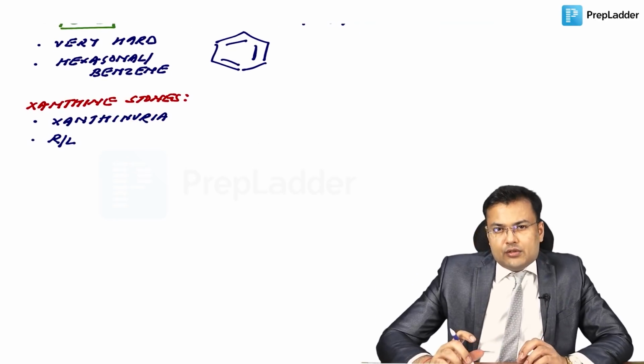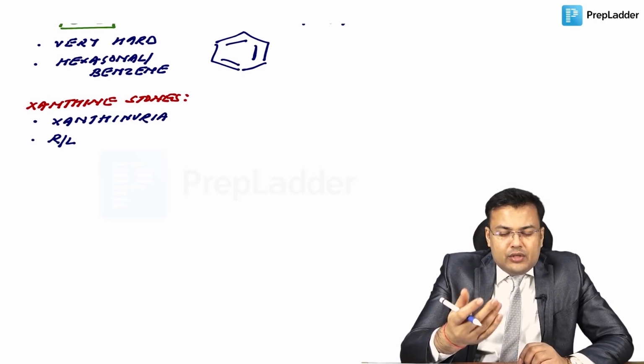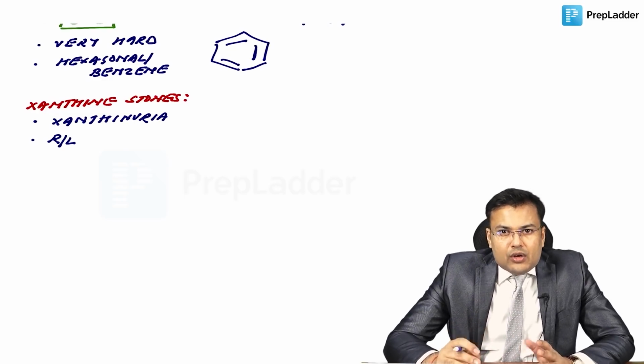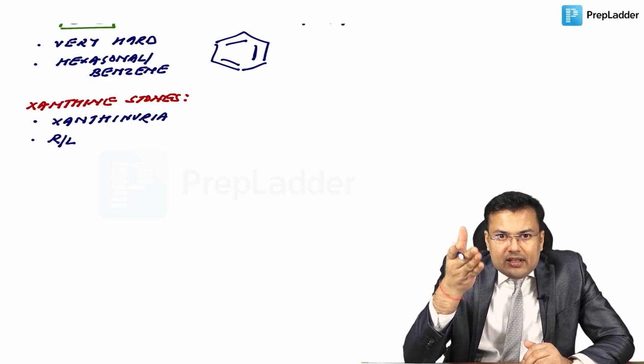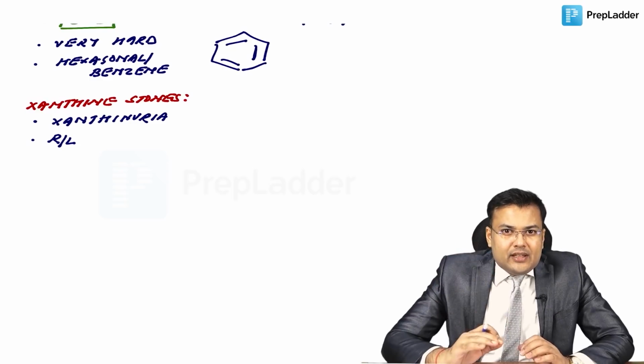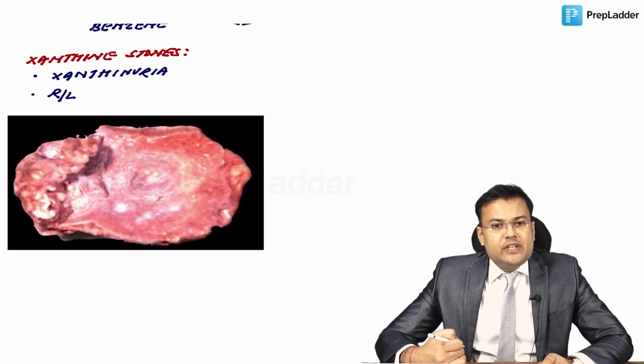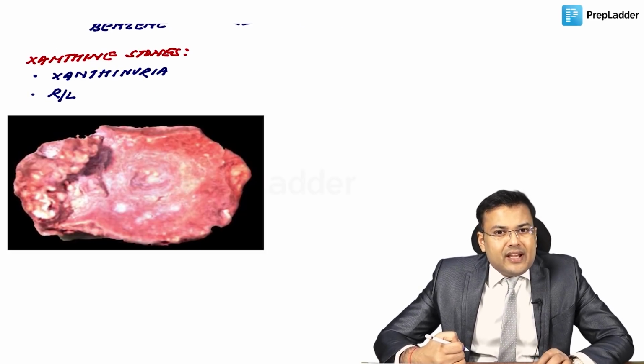Now if you look at the stone, just by looking at it you can identify that yes, this is a xanthine stone. How? By the color. And if you take the cut section of the stone, you can see lamination on cross section. So what is the typical color? It is brick red.